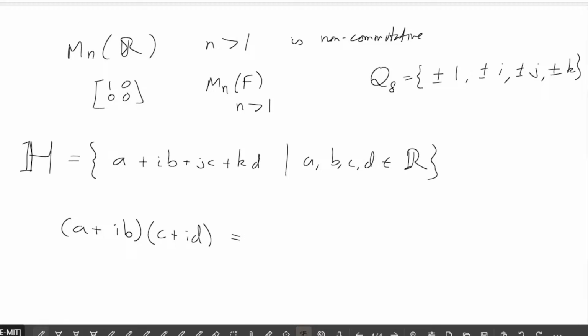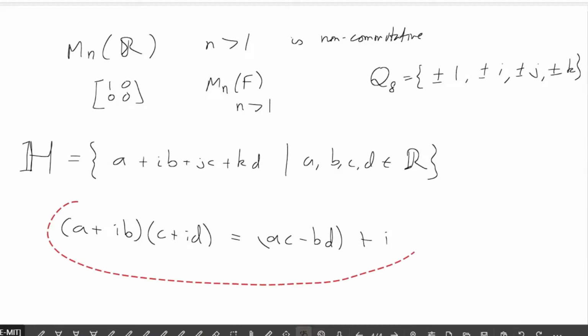When you multiply complex numbers, you get ac minus bd plus i times (ad plus bc). That itself is not obvious; you have to know it. So here you get something even more complex, but you can do that.